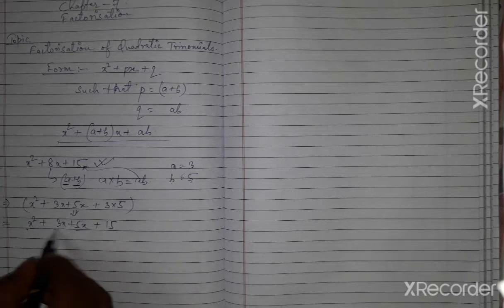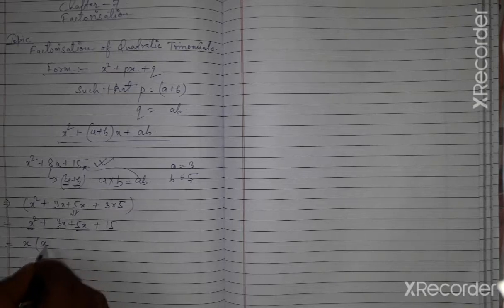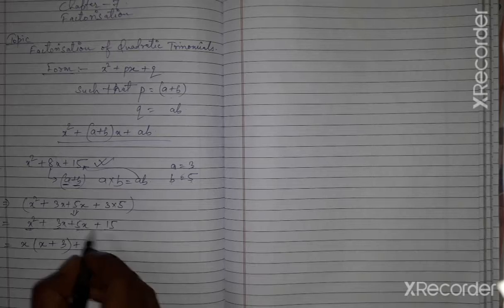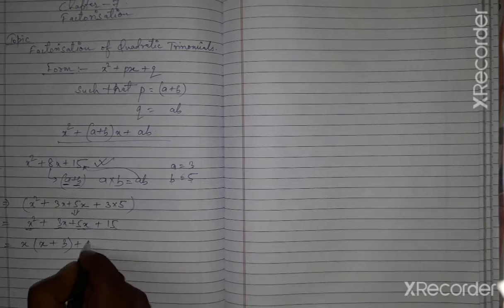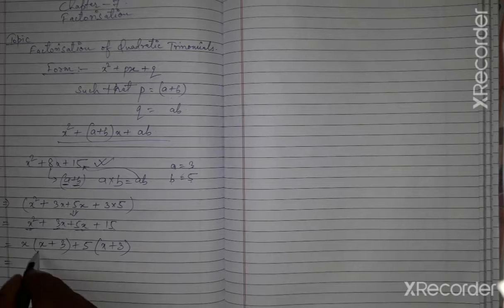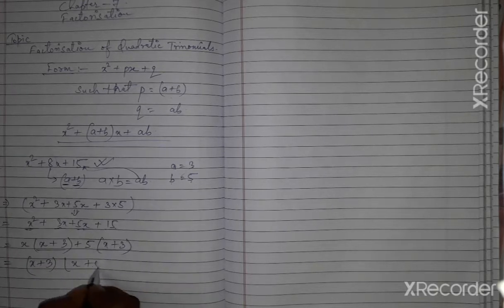From both these terms I will take x common, so here it becomes x plus 3. If I take 5 common from these two terms, then here it becomes x plus 3. Now these two binomials are the same, so I take x plus 3 common, and here it remains x and here it remains 5. So this will be my answer.